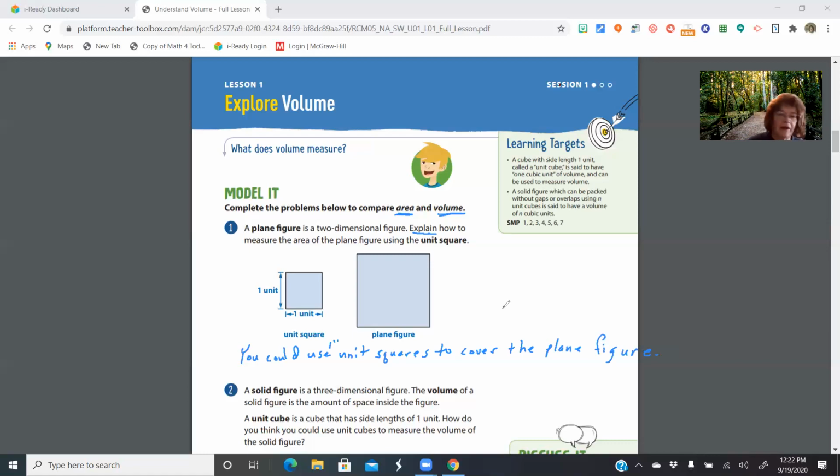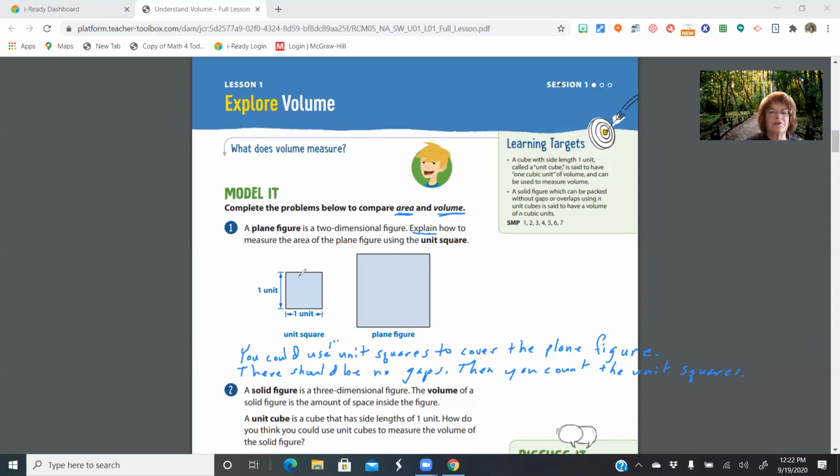Okay, there should be no gaps, then you count the unit squares.